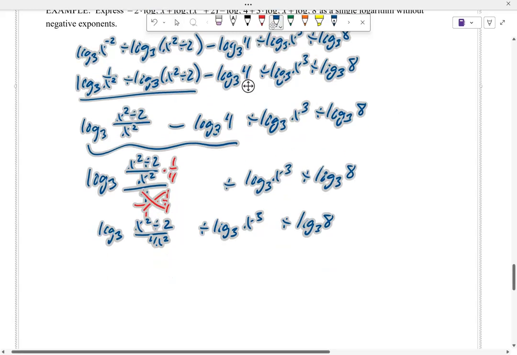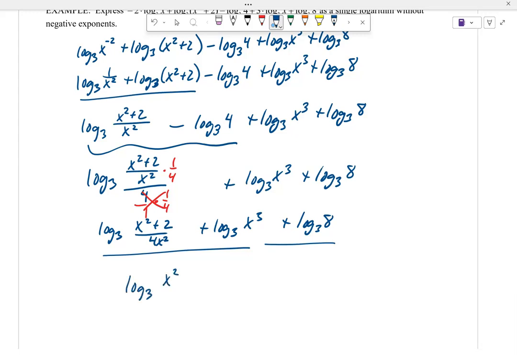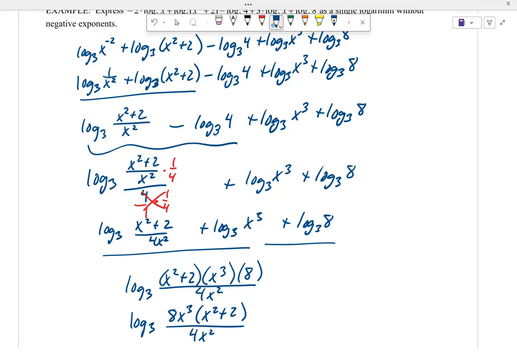So now I'm going to be multiplying and multiplying again. So I got log base 3, I've got x squared plus 2 being multiplied by x cubed being multiplied by 8. This is all over that 4x squared. So I have 8x cubed times x squared plus 2 all over 4x squared.